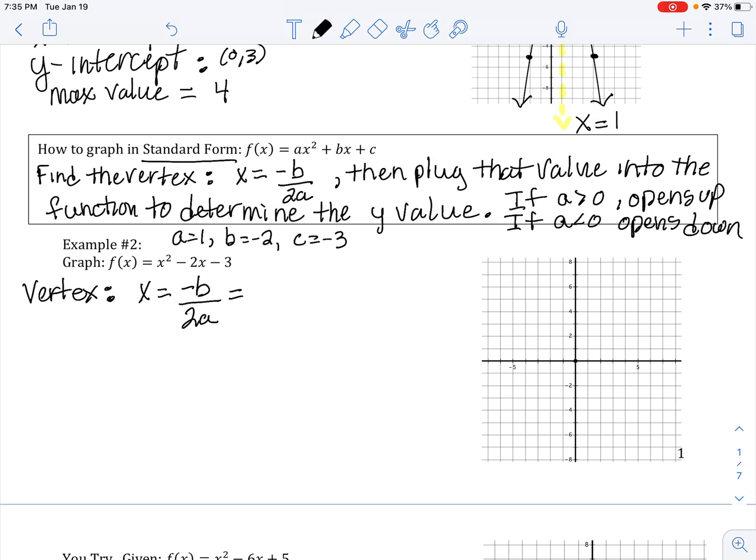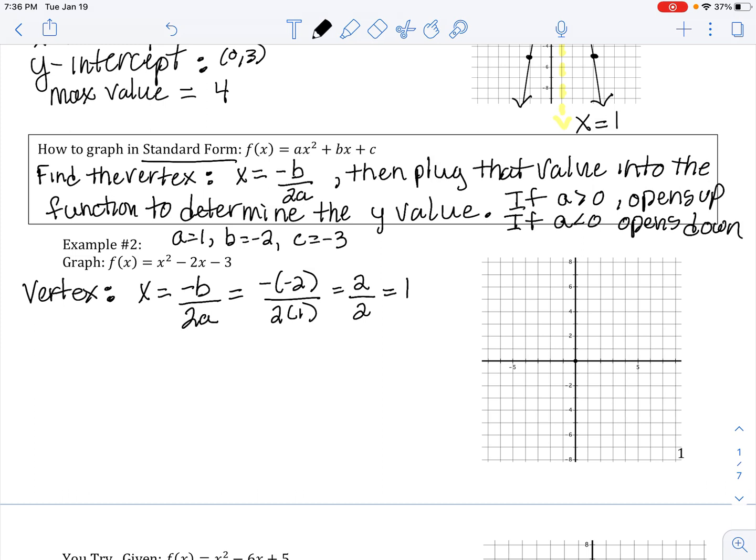I'm going to substitute in the opposite of b, so that's going to be the opposite of negative 2 over 2 times a positive 1. In the numerator, I'm going to get a positive 2. In the denominator, I'm going to get a positive 2. Therefore, I know that part of my vertex is 1.